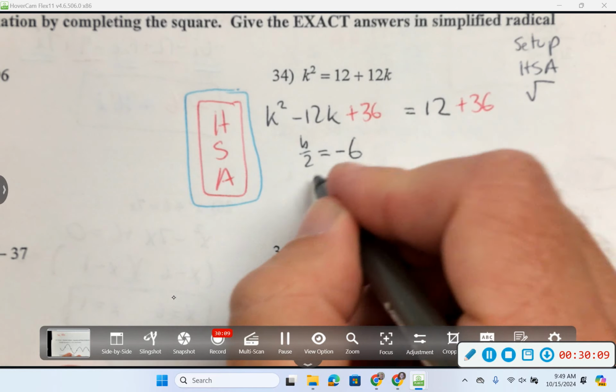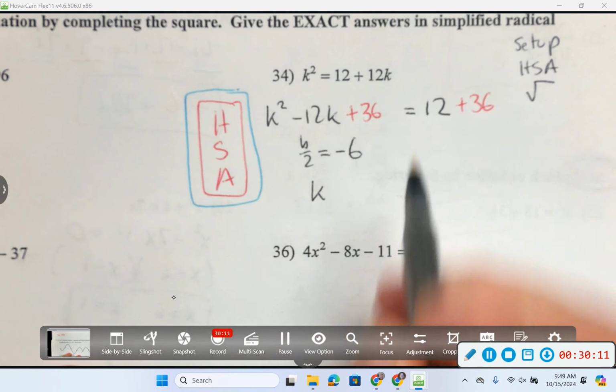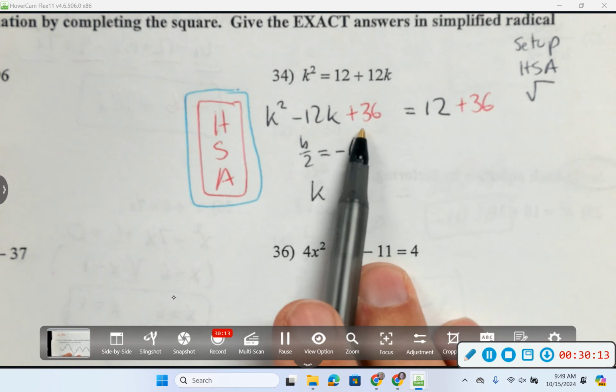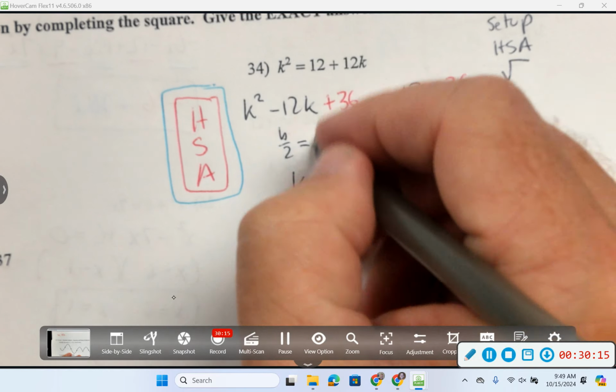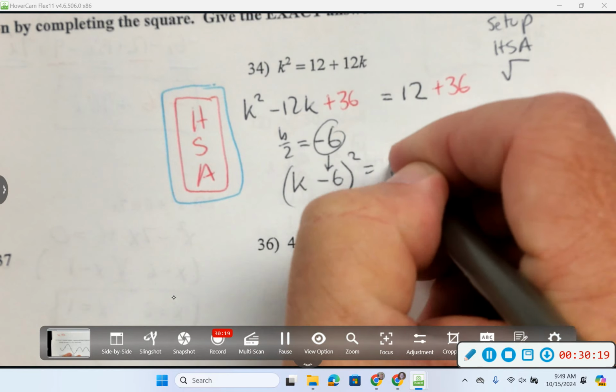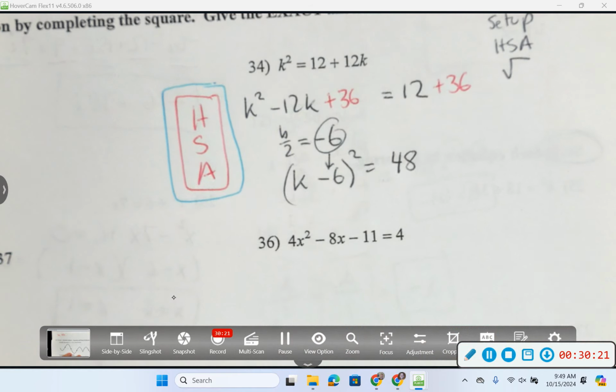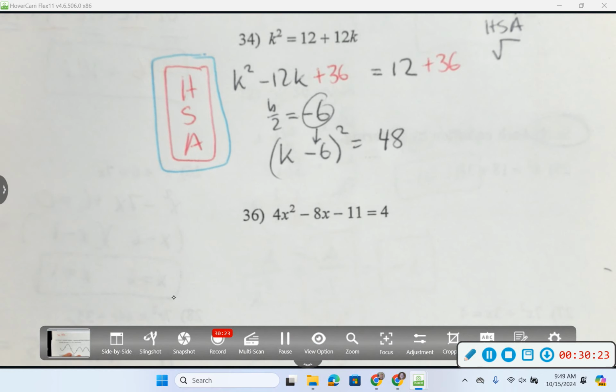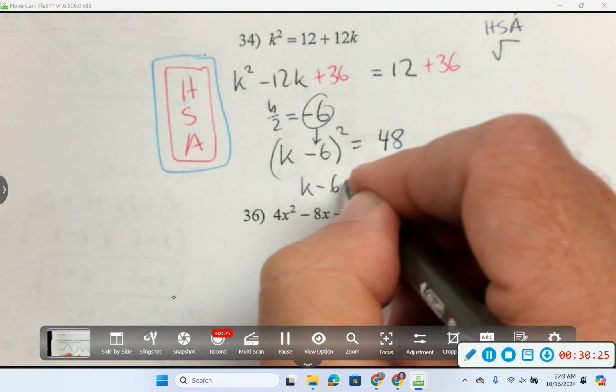All right, so we'll factor the left, but it's not like you have to sit there and figure out what multiplies to 36 and adds to negative 12, because it's always whatever b over 2 is. And we can square root both sides.